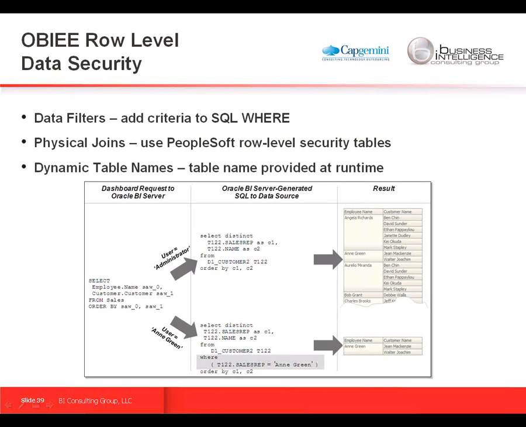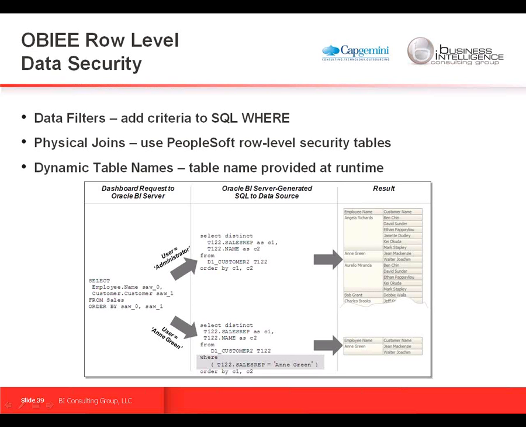So that's basic security, what tables can you see, but mostly we're concerned with what actual data you can see in those tables. We've got several different ways to apply that security. We can use data filters, which simply add criteria to a SQL where clause.